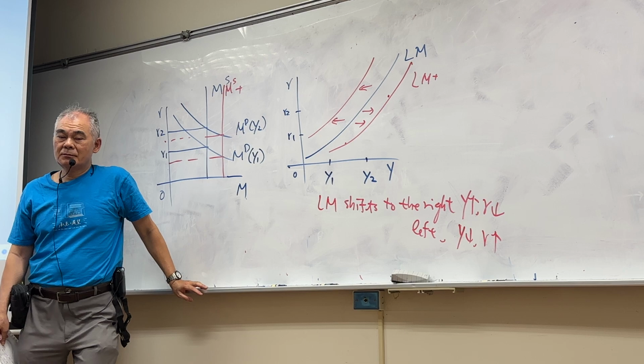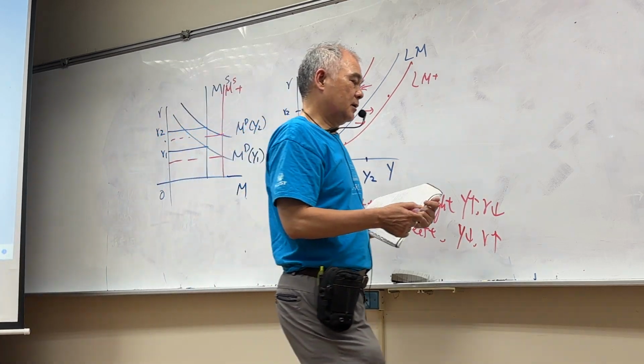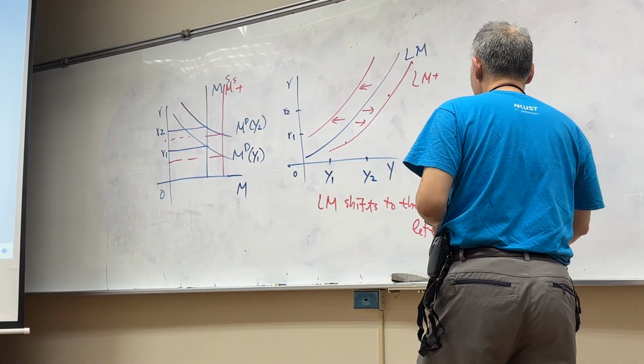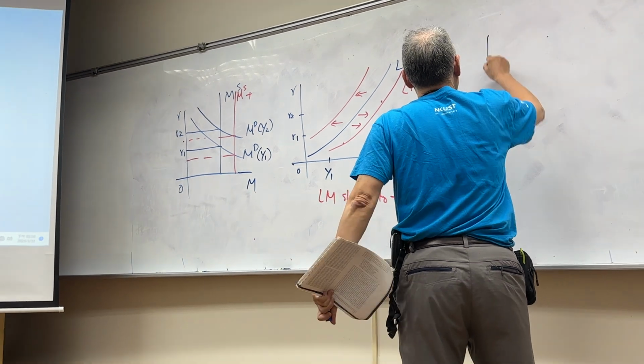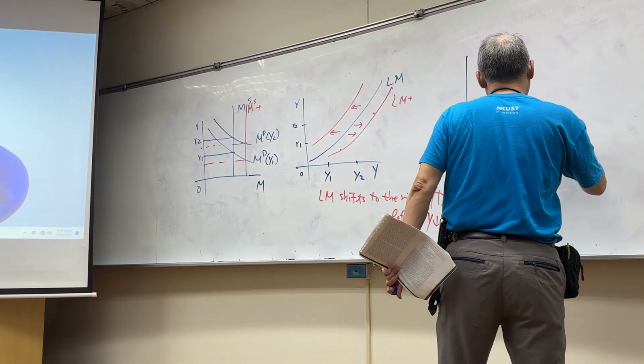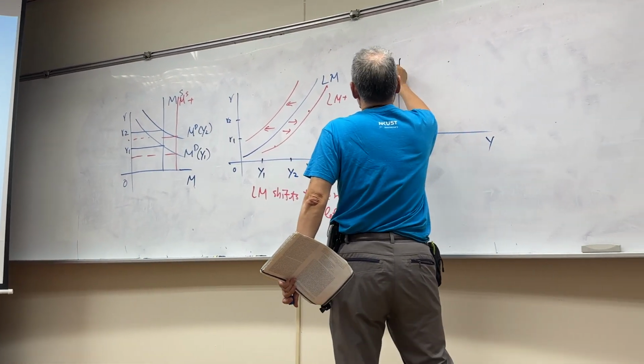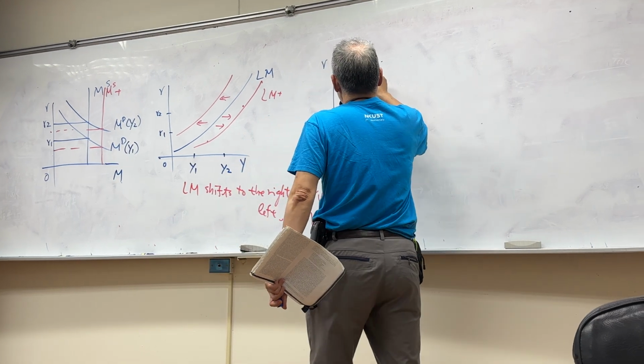Okay, questions? Then, again, we are going to discuss the direction toward equilibrium. So you have Y here, you have R here, and then LM.